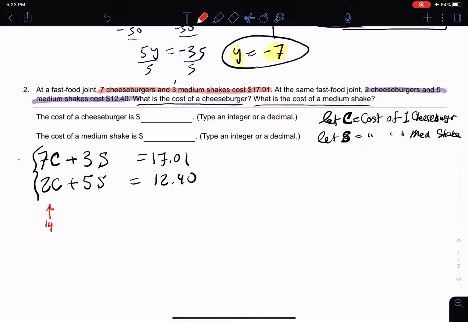So I'm just going to say negative 2. And then this one gets multiplied by positive 7. And that'll give me opposite 14 and positive 14. Negative 14 and positive 14. So remember, you also have to multiply the right-hand side by that same quantity. And same thing with this right-hand side by 7.